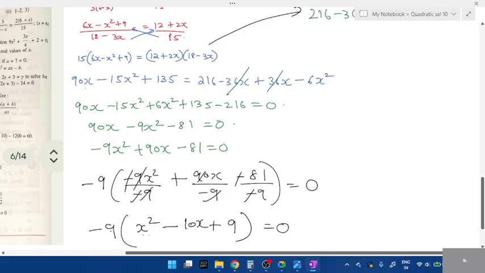What happens to this minus 9? What happens to minus 9, students? It gets divided, right? 0 divided by anything is what? 0 divided by anything is 0. All of you understood? Is it clear?